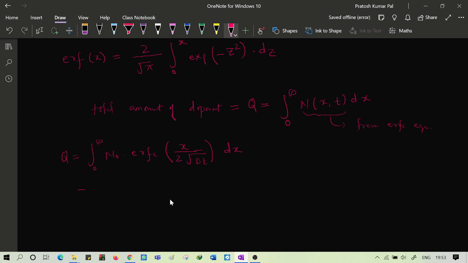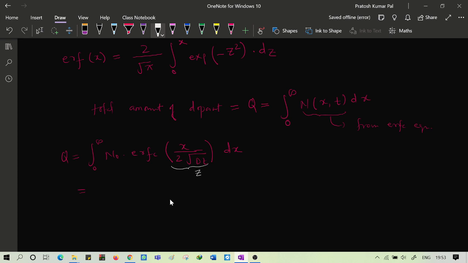Now we will change the integration variable. Instead of x, we will convert this integration with respect to z.